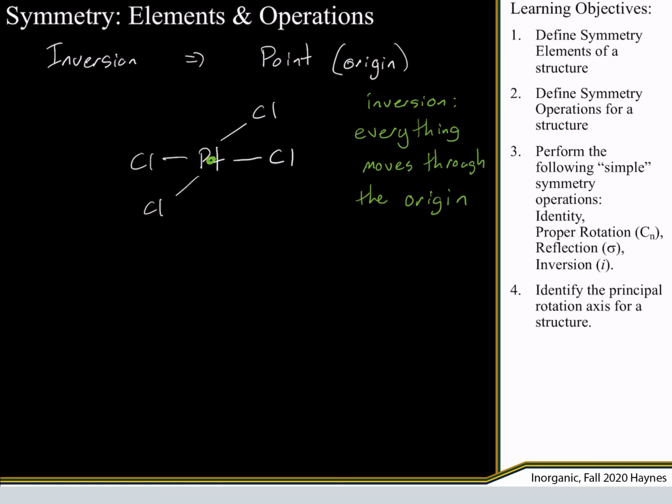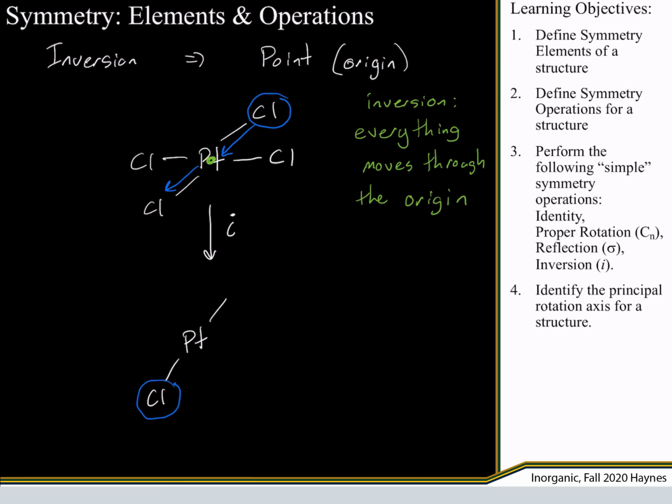If we're going to identify one of our chlorines, let's change our color here so we can follow it. Let's say this chlorine here, it's going to travel through the origin and out the other side. When I draw my new complex after this inversion, which gets the italic i as our label for this symmetry operation, that chloride that I've described in blue ends up here.